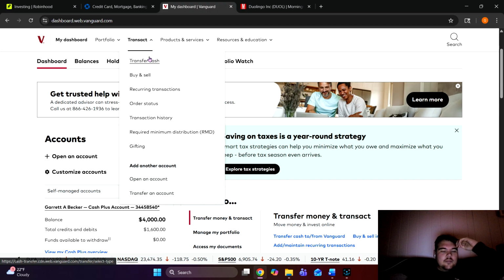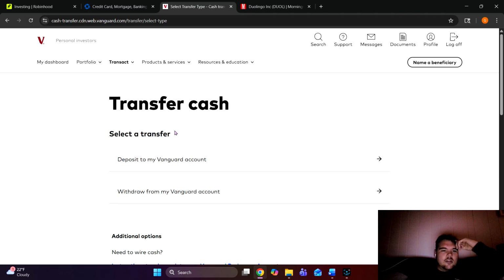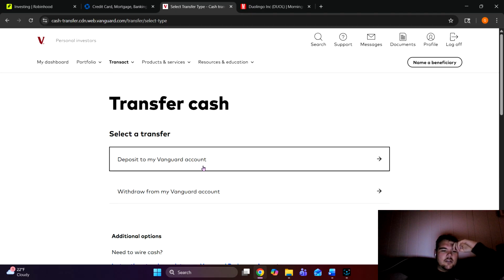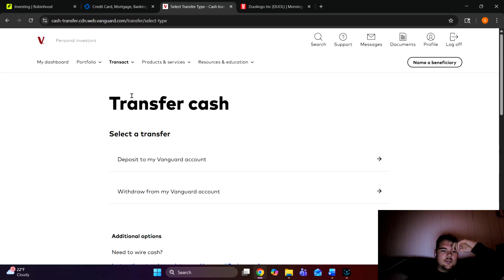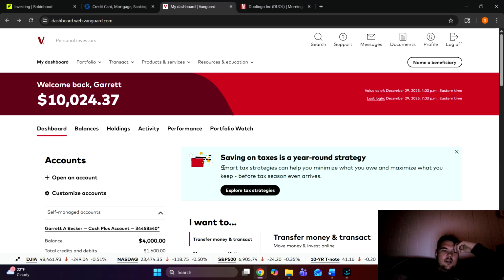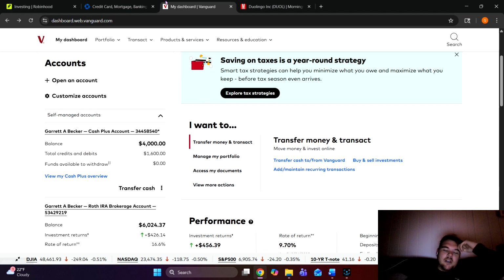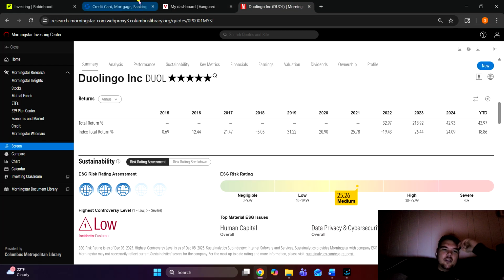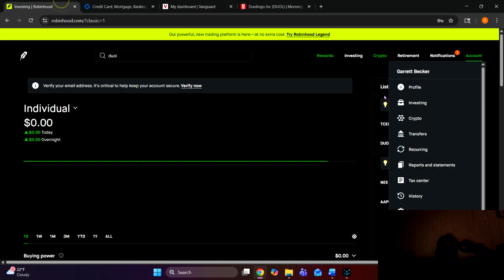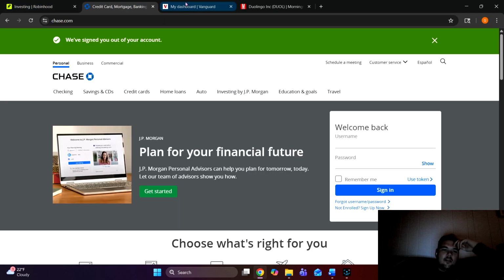So if you want to add money to your Vanguard account, you'll transact, transfer cash, and then deposit or withdraw and go through that process. Adding money to your accounts, as well as executing trades on your accounts, is basically the same concept across all of the brokerages.